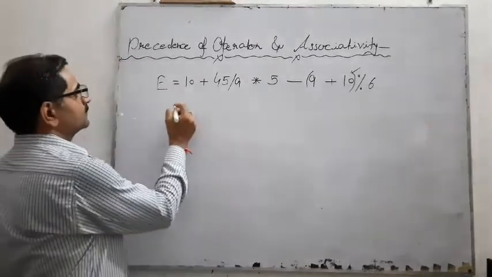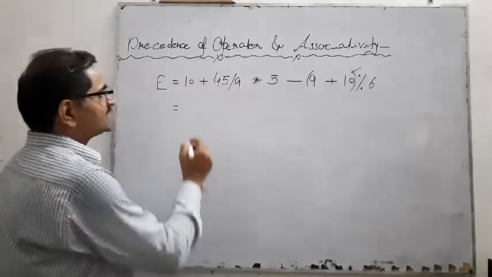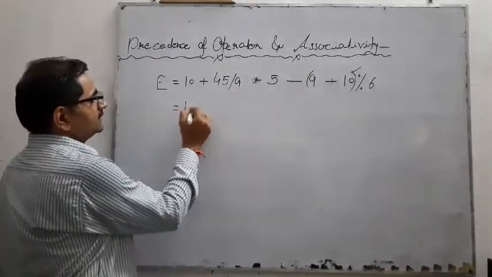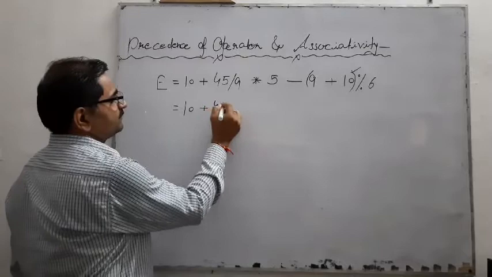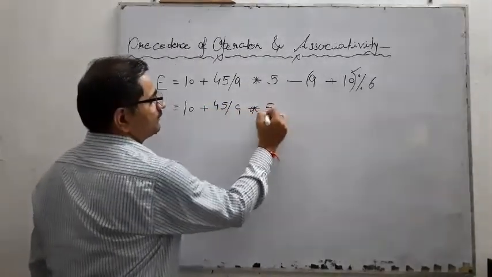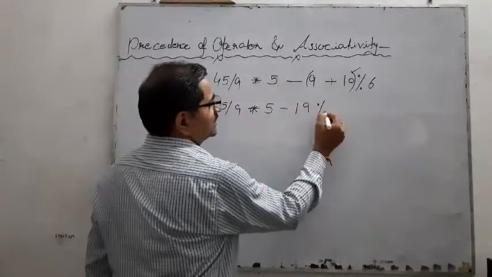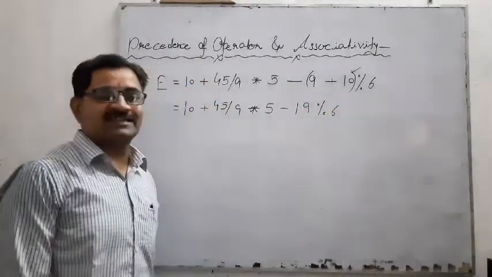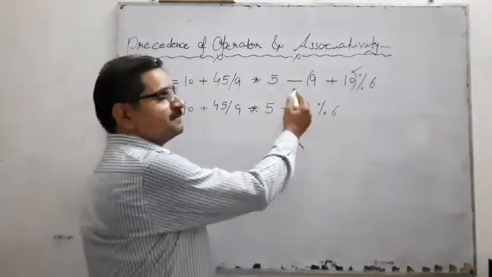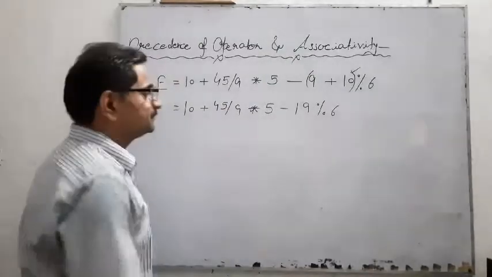So how will we evaluate this? 10 + 45 / 9 * (5 - 19) mod 6, since the bracket has higher priority than the division and mod operators.